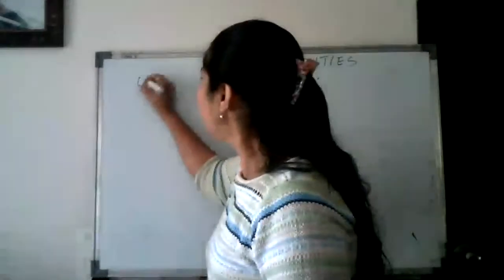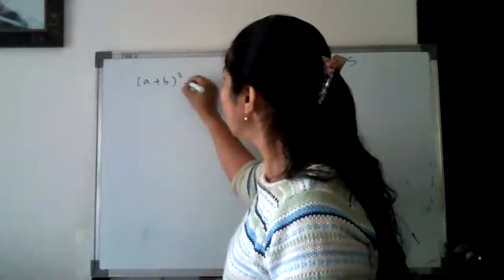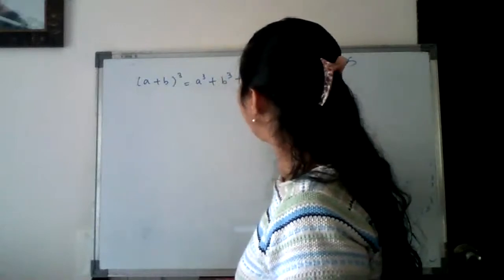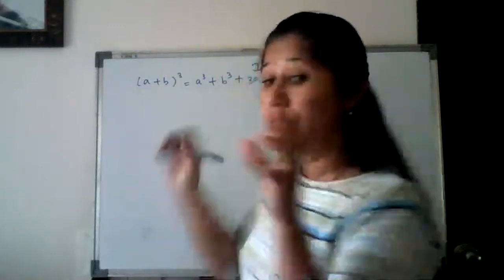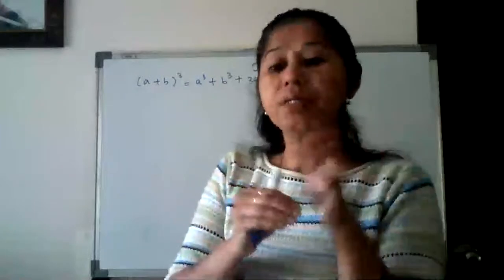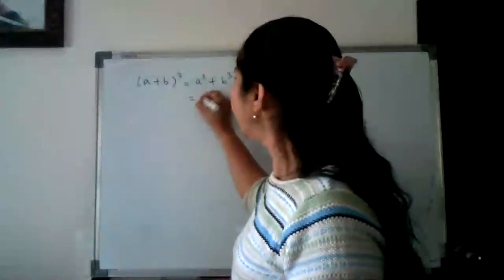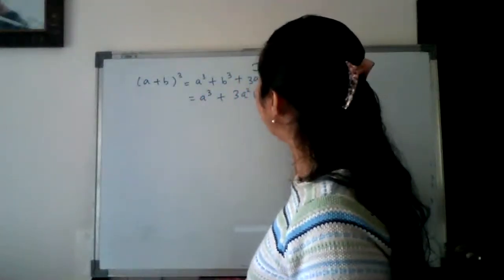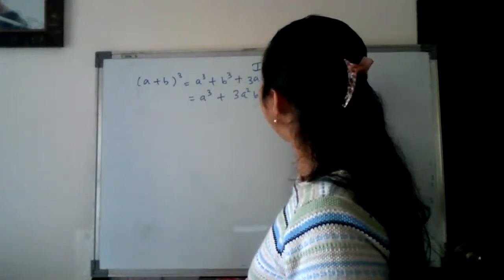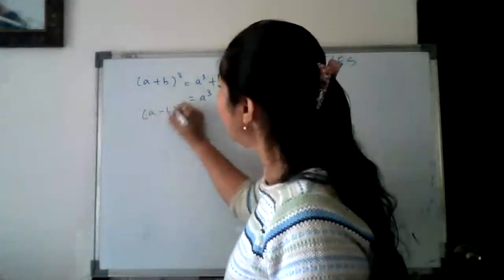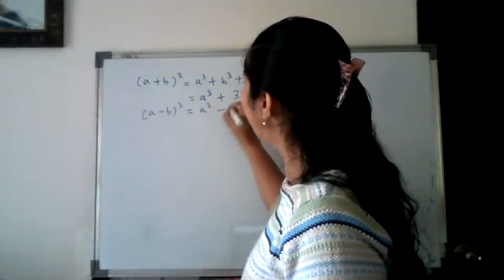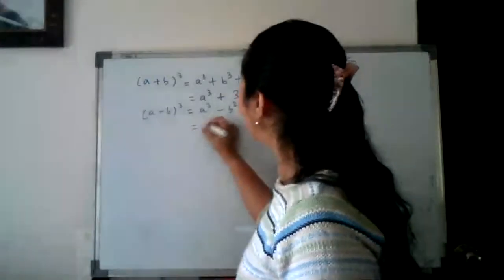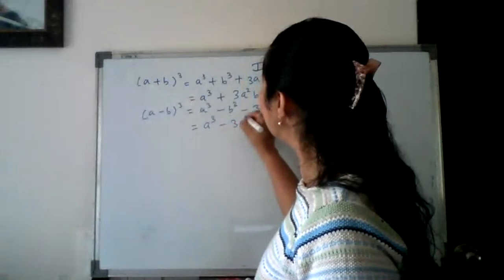One is (a + b) the whole cube = a cube + b cube + 3ab(a + b). You will utilize this only when you have to find some value, not in expansion, which could be remembered as a cube + 3a square b + 3ab square + b cube. Then (a - b) the whole cube = similarly a cube - b cube - 3ab(a - b). And actually the formula gives you like this.